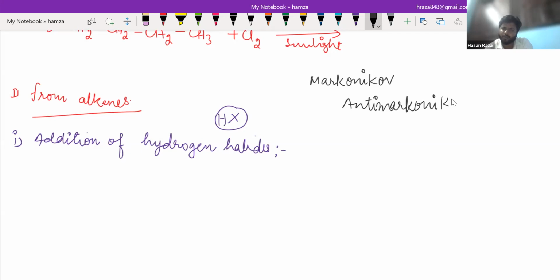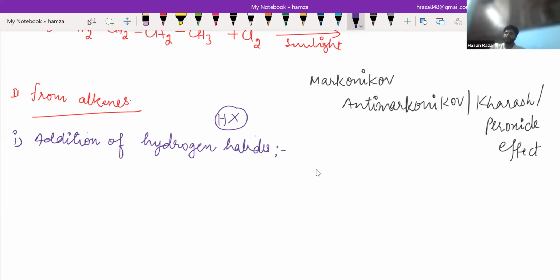These are the two methods: the reaction of hydrogen halides with alkene. Now see, these rules are for asymmetrical alkenes. Symmetrical alkene and asymmetrical alkene.